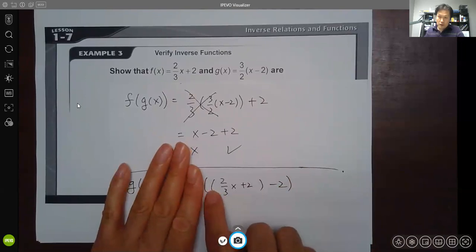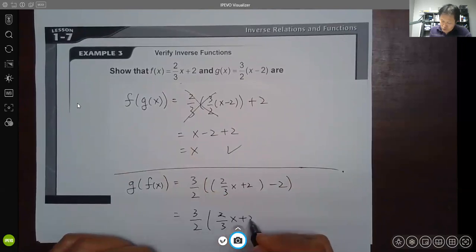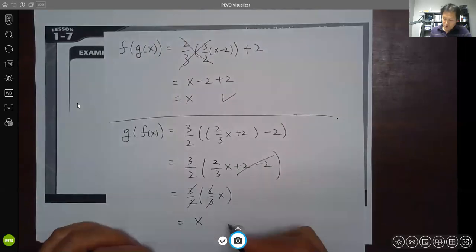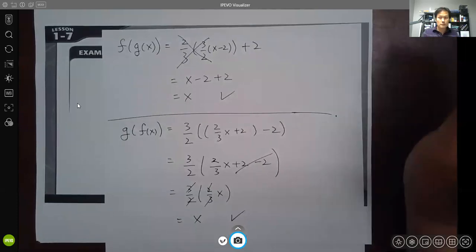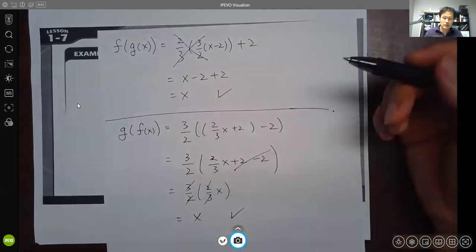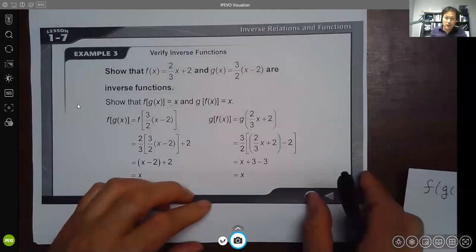We have nothing in front of this parenthesis. So it becomes just 2/3 x plus 2 minus 2. Plus 2 minus 2 cancels out. Then there's nothing in front of this parenthesis. So 3/2 times 2/3 x, and they cancel out, it becomes x. Check mark. That's it. You just show that this is x, this is x. That's how you show they are inverses of each other.